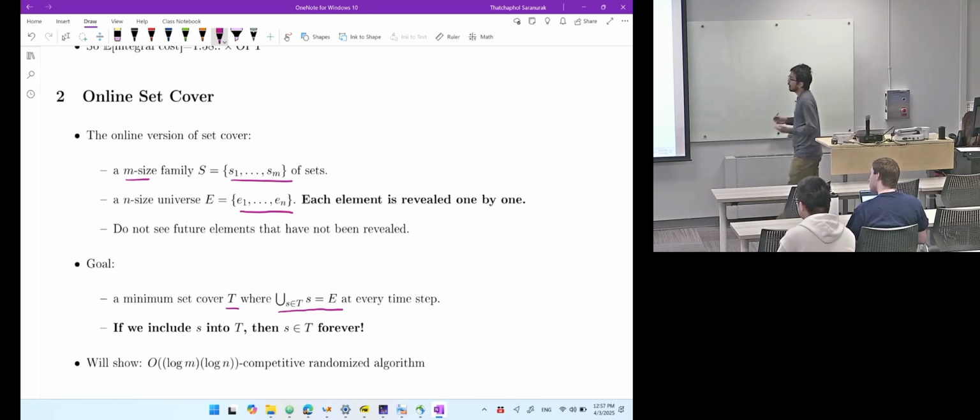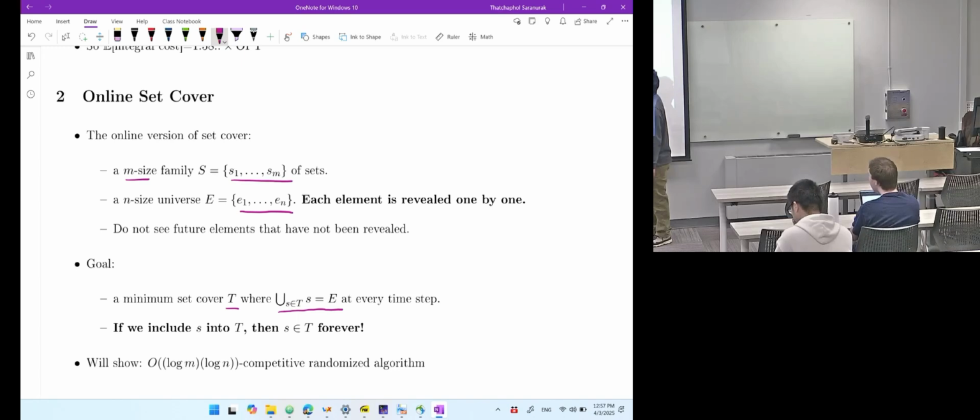But now it's online, so each element is revealed one by one. We don't see the future elements that haven't been revealed. And then we're going to choose some set to cover the element.